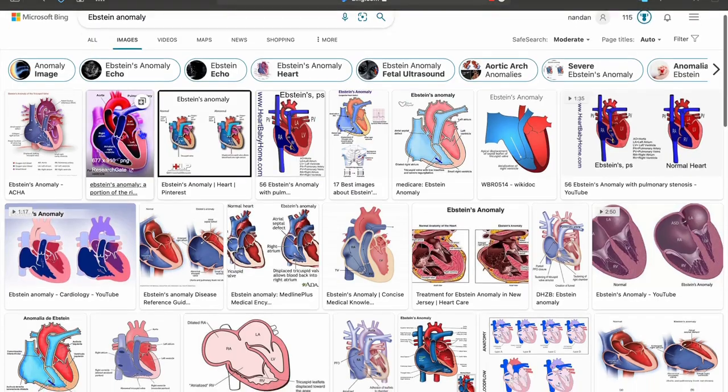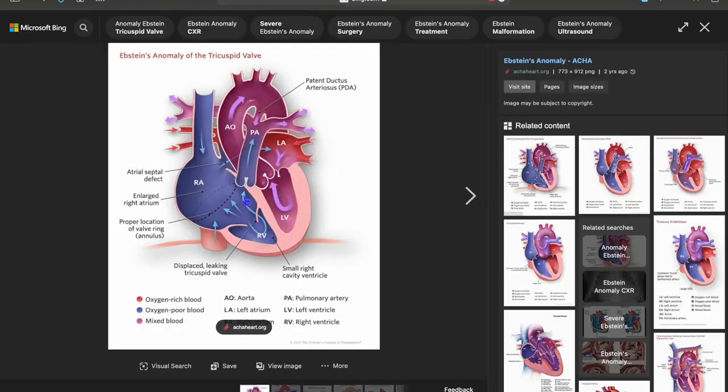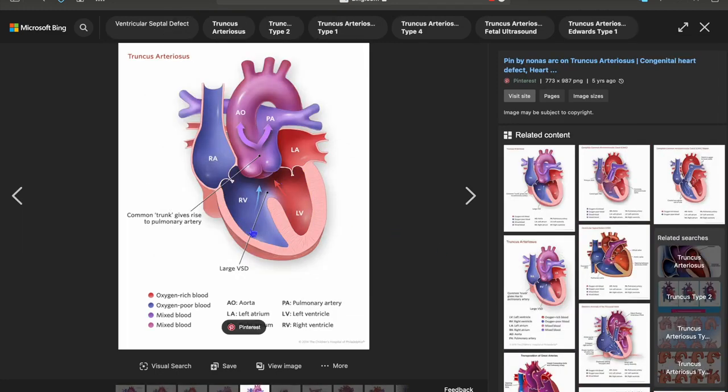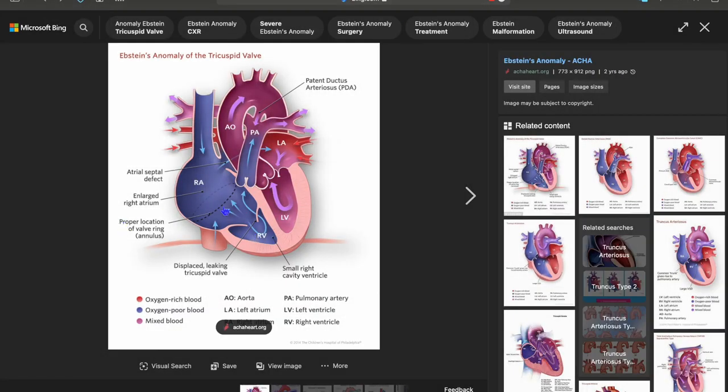Happens because of lithium. So now you have, normally this is where it is, and now it's down here like that. That's truncus, but yeah, everything else is similar.